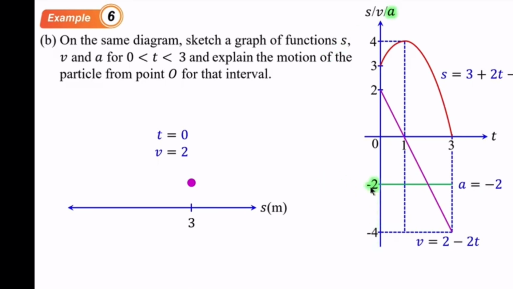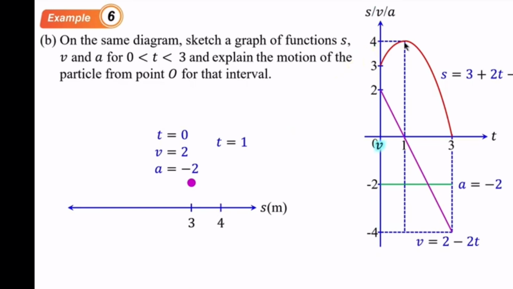Just now it started at 3 meters to the right of the fixed point. Now it will move to 4 meters from the fixed point after 1 second. And the acceleration is negative 2 and the velocity is 2 meters per second at the starting point when time is 0. That's how we explain from the beginning when t is 0.